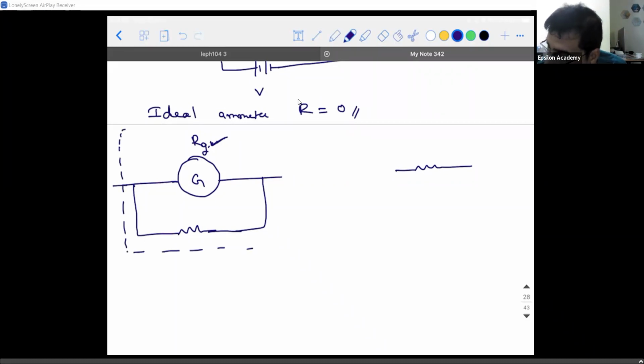is what is going to behave like an ammeter.